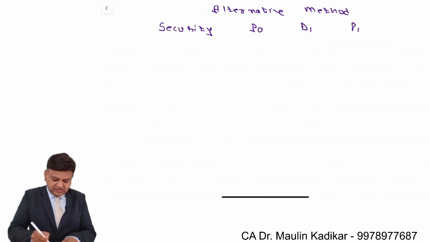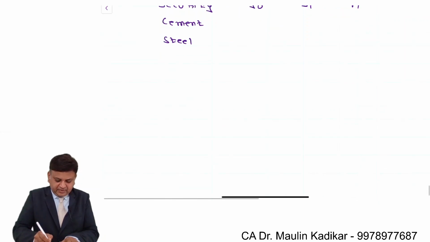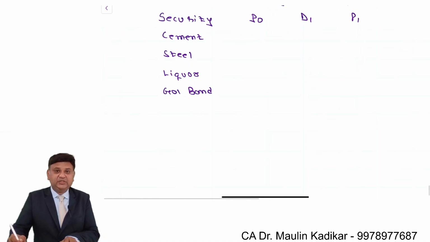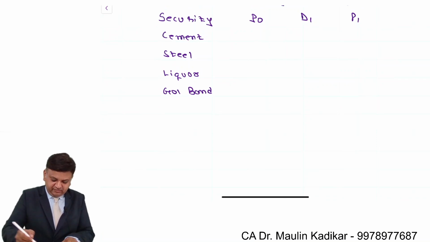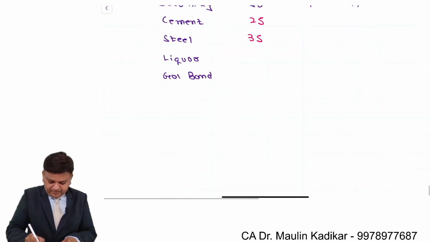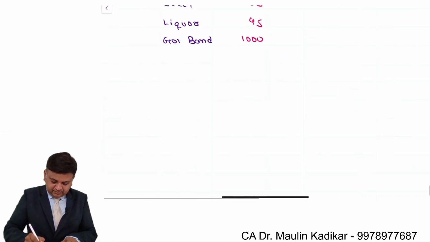We understand that it is cement, steel, liquor and Government of India bond. As far as the P0 is concerned, it is 25, 35, 45, 1000. So it is 1105.